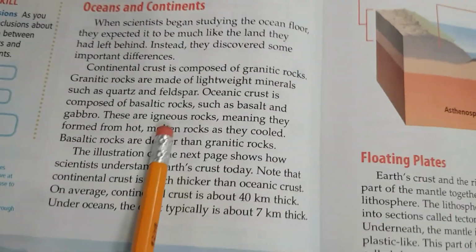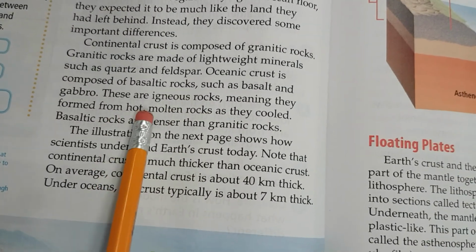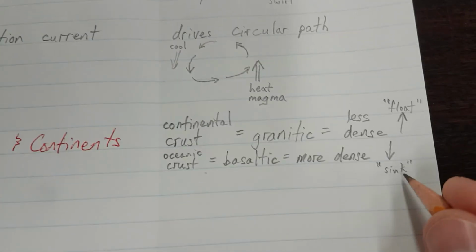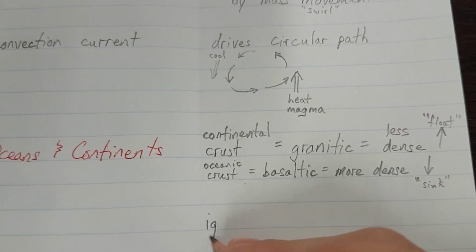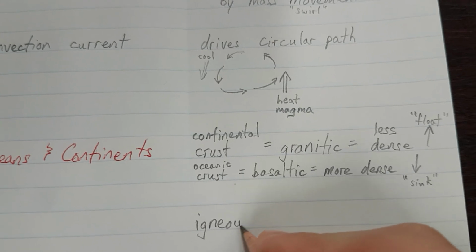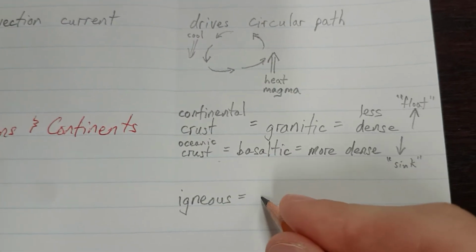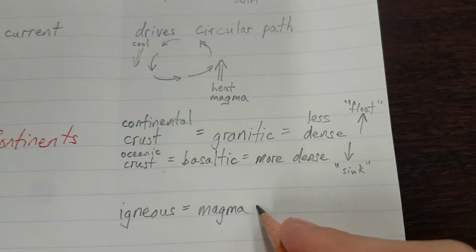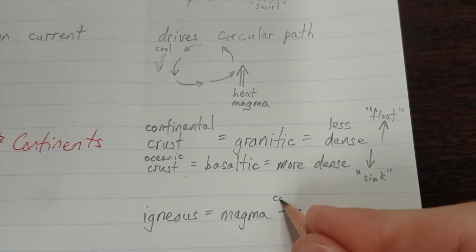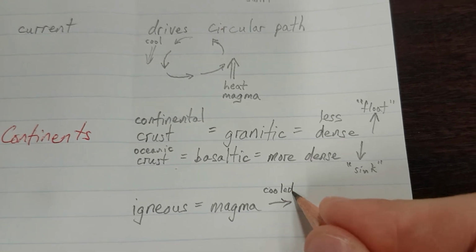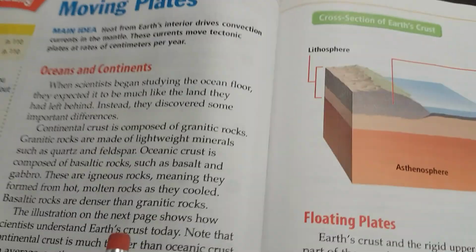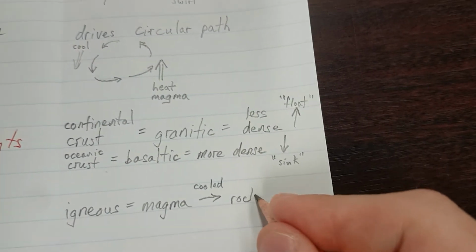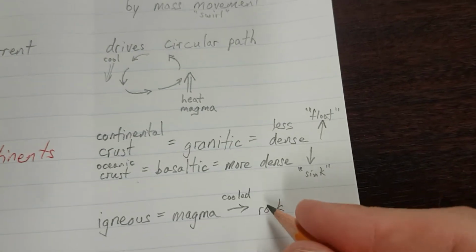Okay, and then what else did they say? They said igneous, formed from hot molten rocks as they cooled. So we're going to skip a line for the sink. Igneous, I-G-N-E-O-U-S, equals magma, M-A-G-M-A, arrow, above that, cooled, C-O-O-L-E-D, into rock, R-O-C-K.